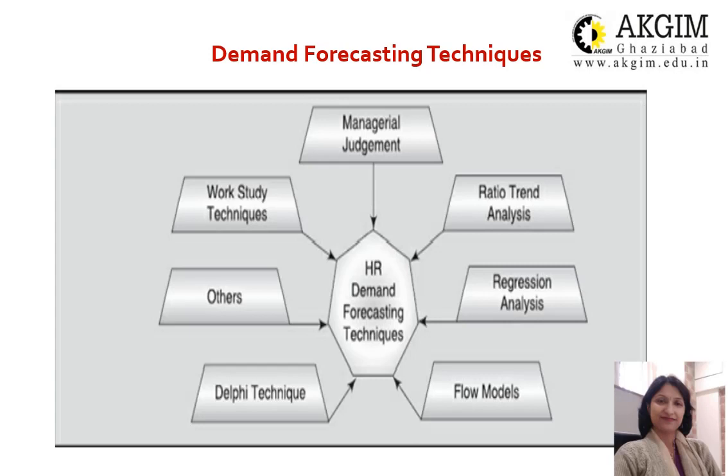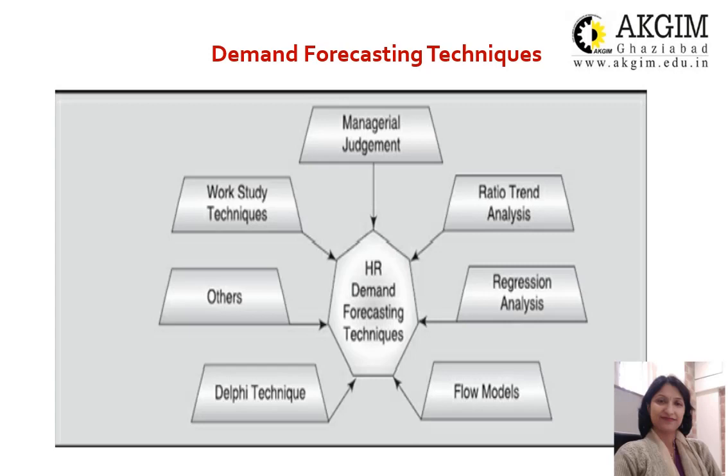Your demand forecast will come from the top, that means top to bottom approach, or it will go from bottom to top, that means different departments will be putting forward their requirements or demand to the management. So managerial judgment, that means all together on the basis of your past experiences, the past trends, you are going to find out what is the requirement of the human resource in an organization.